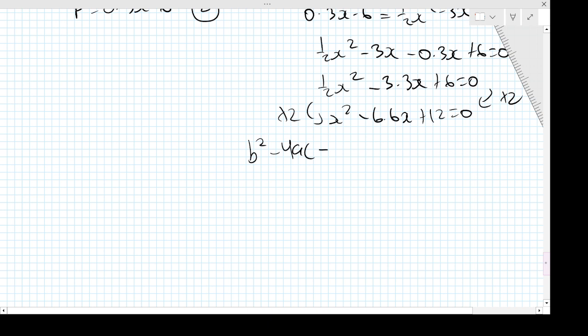Anyway, so that would equal b squared minus 4ac, well, minus 6.6 all squared, minus 4 lots of 1 of positive 12. That would then equal, we put all that in the calculator, right? You get minus 4.44. Well, it's a negative, isn't it? And that's less than 0.